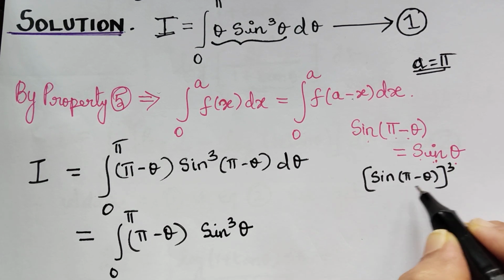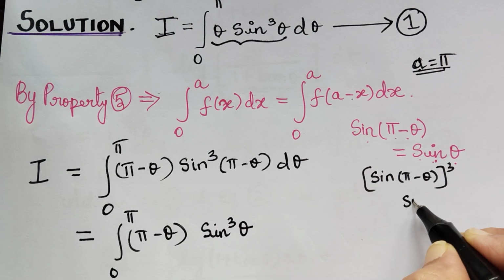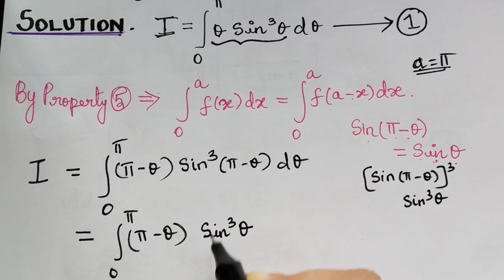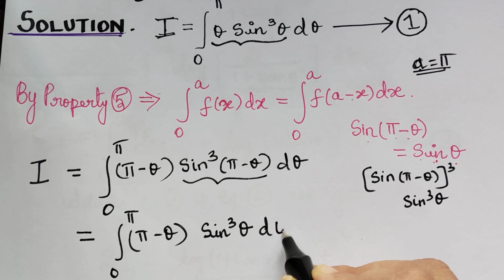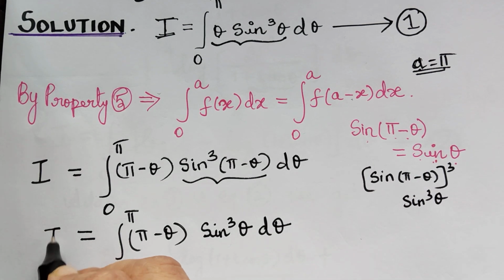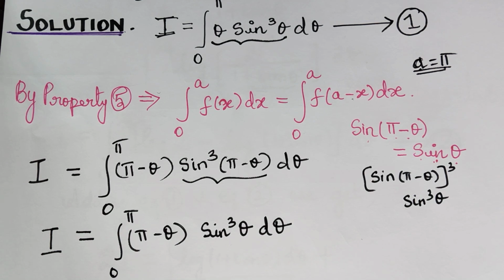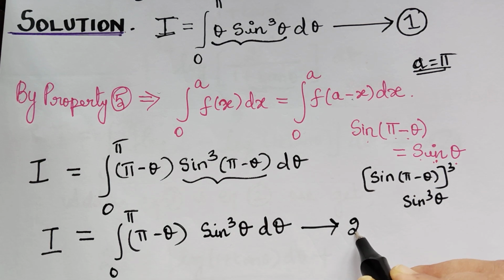But what is sine pi minus theta? It is sine theta. So we will get sine cube theta d theta. What is this actually? It is capital I. So capital I is also equal to integral 0 to pi, pi minus theta, sine cube theta d theta. We shall mark this as equation 2.